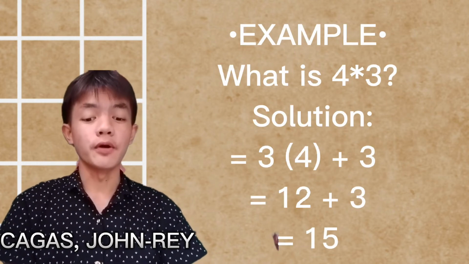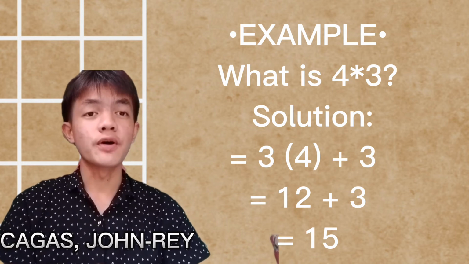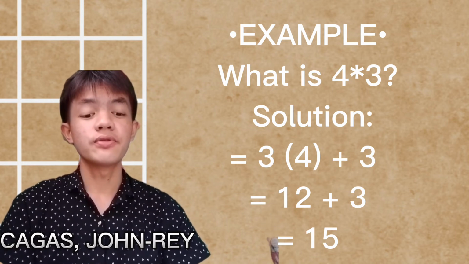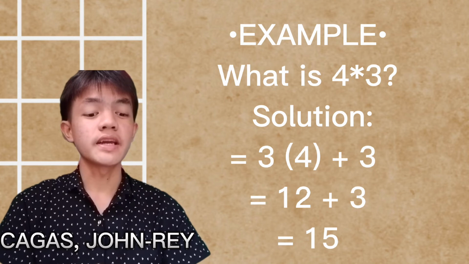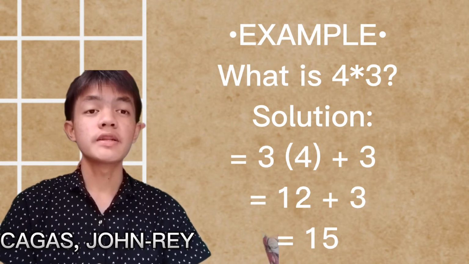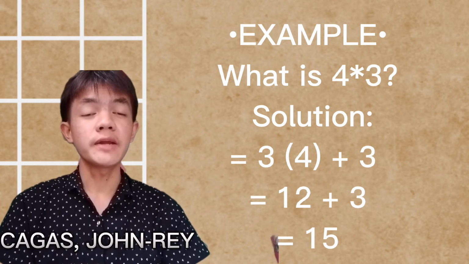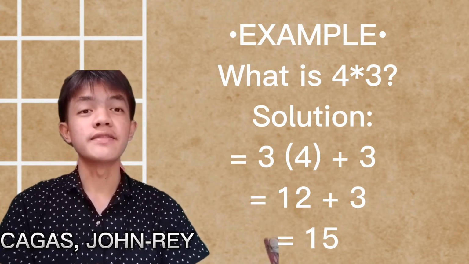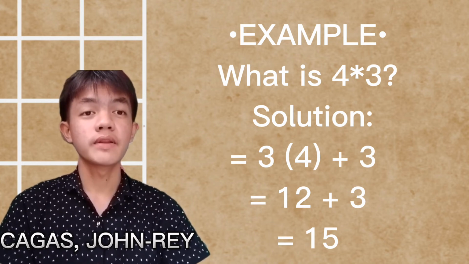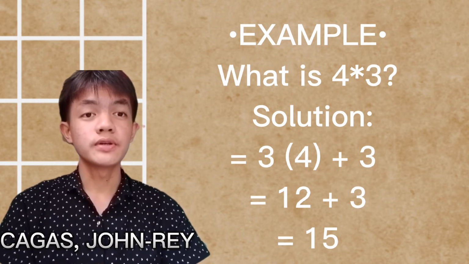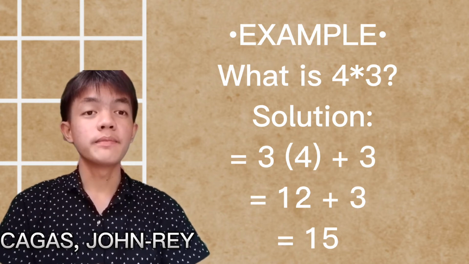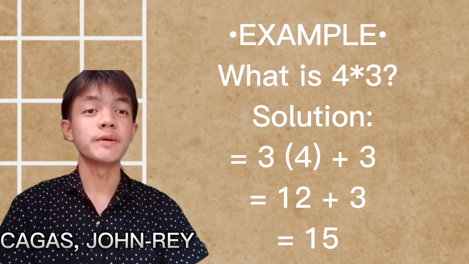Let's say for example, what is 4 star 3? The solution: 4 star 3 is equal to 3 times 4 plus B. When you multiply 3 and 4, the answer is 12. And when you add 12 and 3, the answer is 15.